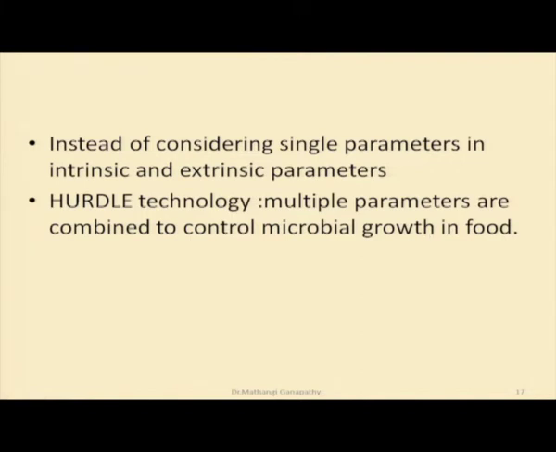Nowadays, in food biotechnology or in food microbiology, when we talk about packaging, increasing shelf life, or extending the nutrient component of the food, we talk about this hurdle technology, where we combine the intrinsic and the extrinsic parameters, look at all the factors together, and then take these two together to control the microbial growth.